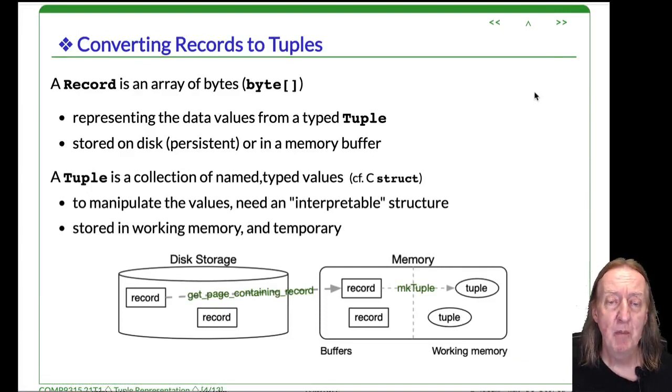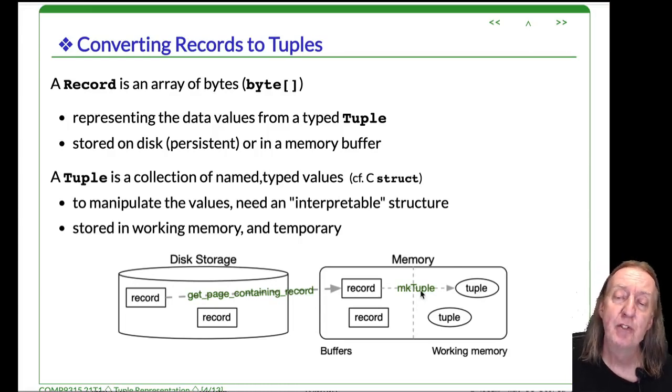Alright, so at some point what's stored on the disk is just a byte sequence in a page. We get that page off the disk, that gives us the same byte sequence in memory, and then that has to be interpreted as a tuple.